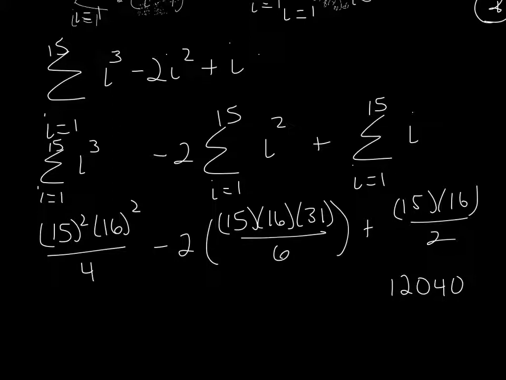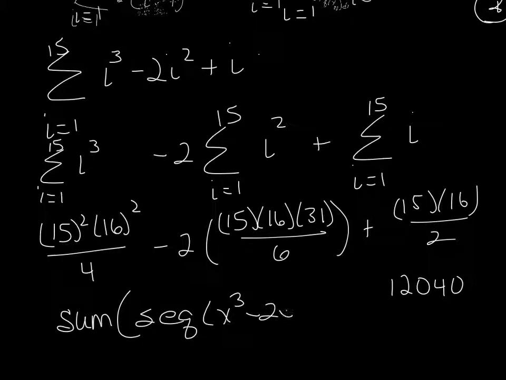So this is the order, and I think hopefully it's going to be on the next screen: sum, sequence, and I'll show you how to pull those up. And then your function. In this case, our function, hopefully it'll work, x cubed minus 2x squared plus x.